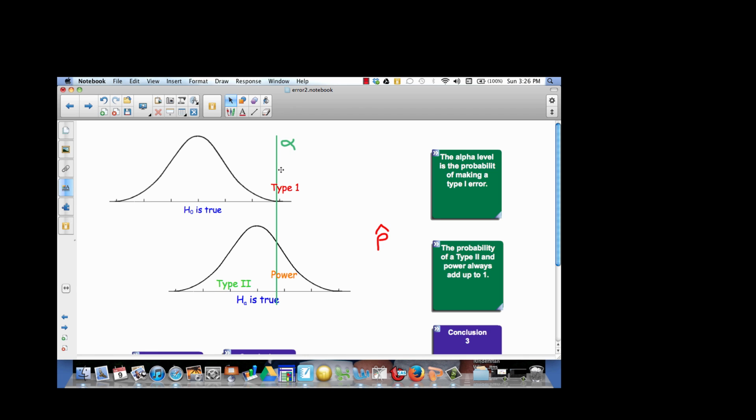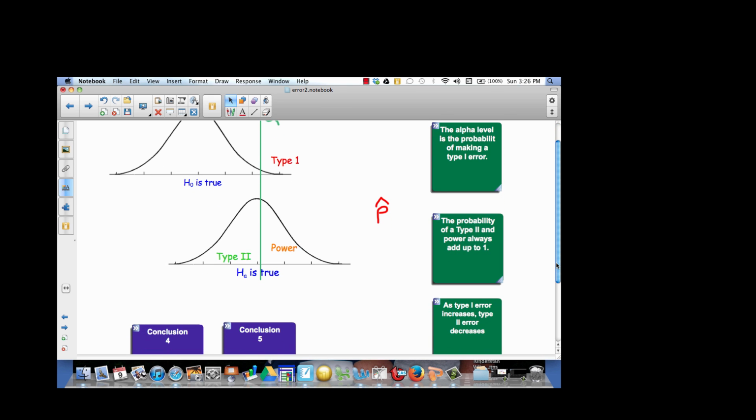And if I make the alpha level larger in the top by moving to the left, what's happening to the type 2 error? I think you can see as type 1 decreases, type 2 increases, and vice versa. So conclusion 3, as type 1 increases, type 2 decreases.